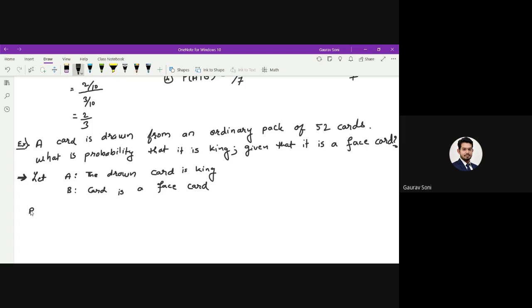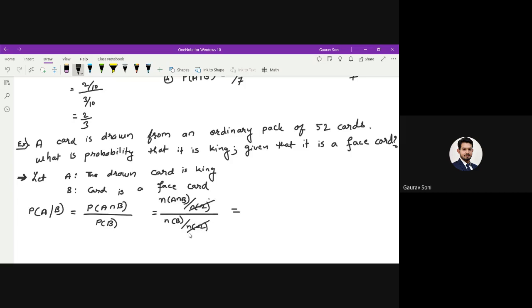So we need to find the probability of A when B has occurred. That is equal to probability of A intersection B upon probability of B. So number of elements in A intersection B upon number of elements in the sample space, upon number of elements in B upon number of elements in the sample space.